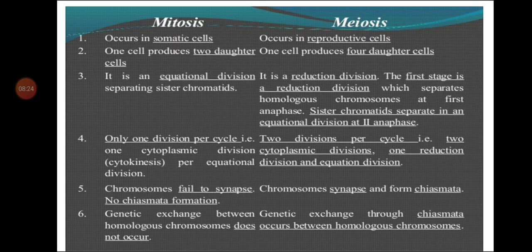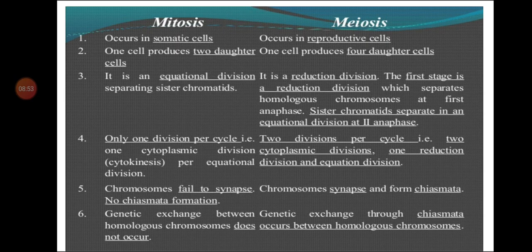Mitosis is a sequential division separating sister chromatids. Whereas meiosis is a reduction division. The first stage is the reduction division, which separates homologous chromosomes at first anaphase.